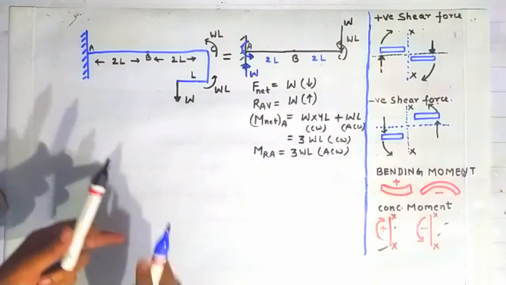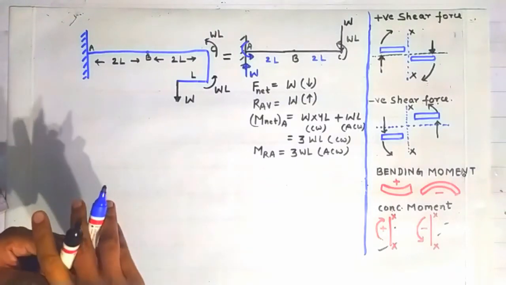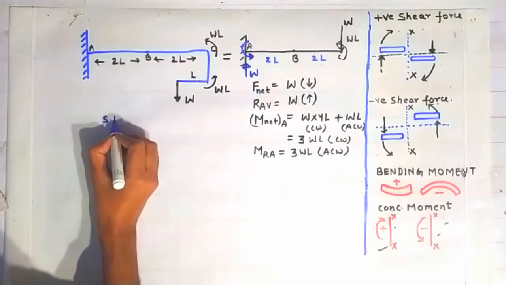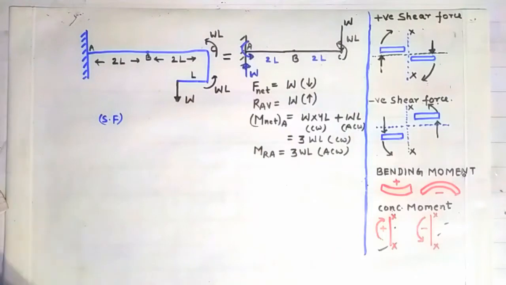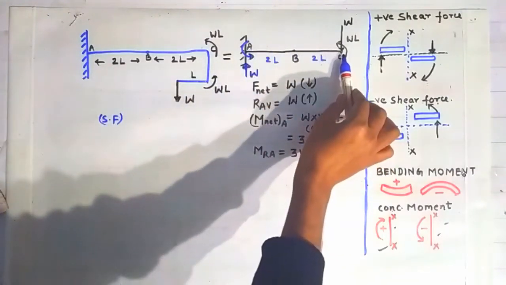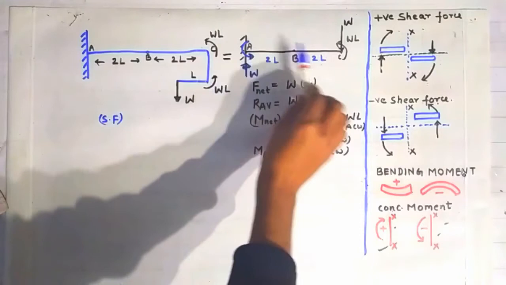Now friends, what we will do is calculate the shear force at the various points, that is the points A and C, because at point A there is loading and at C there is some load acting. That's why we will calculate the shear force only at these two points.